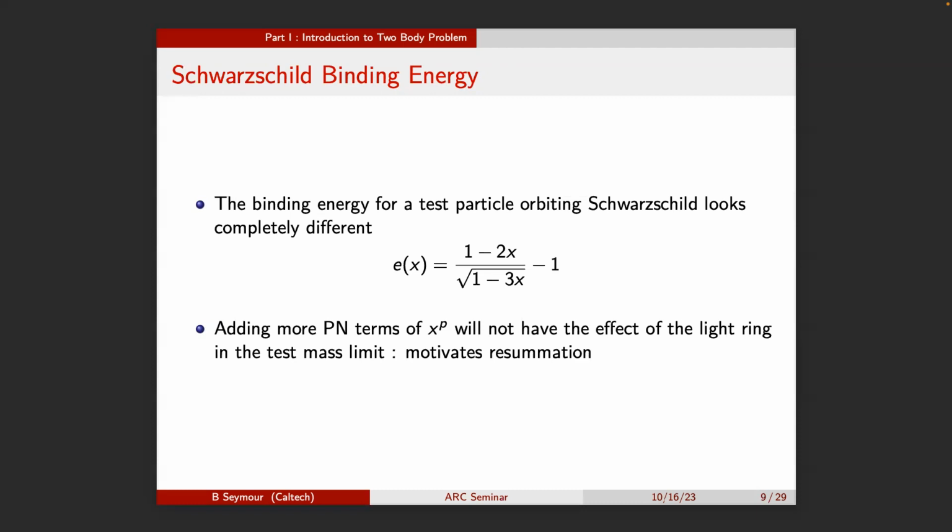If you keep adding more PN terms, it's not going to converge to that pole. So the question is how you can find a good resummation method that will capture the effect of this light ring, because the energy grows a lot faster near the limit. This motivates some method to resum this effect. All right, I'm going to go to the next section now.